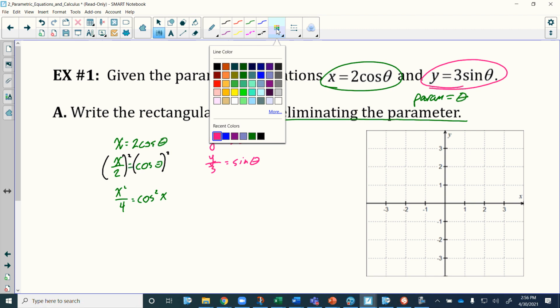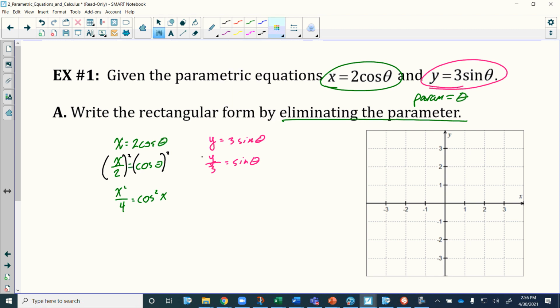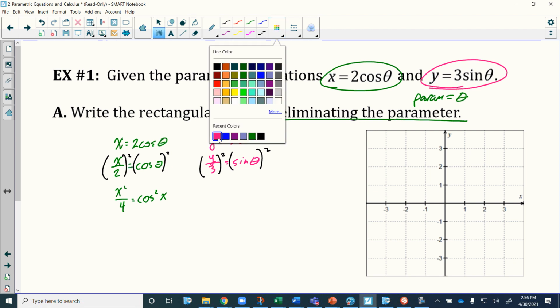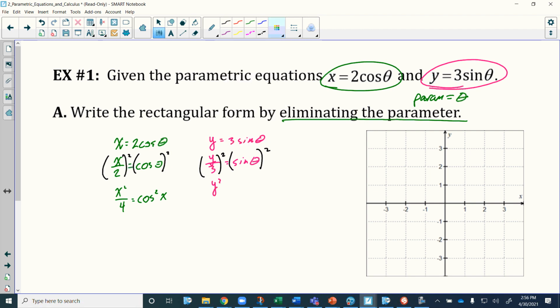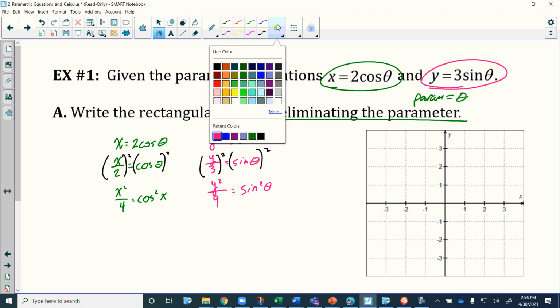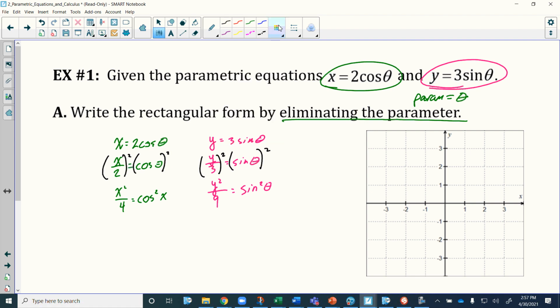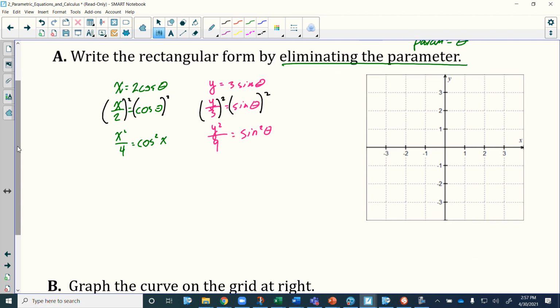And again, I want to square both sides of the equation. So I'll get y squared over 9 is equal to sine squared of theta. And what I want to do now is take those two equations and add them together.